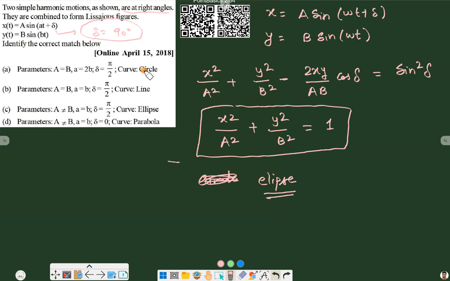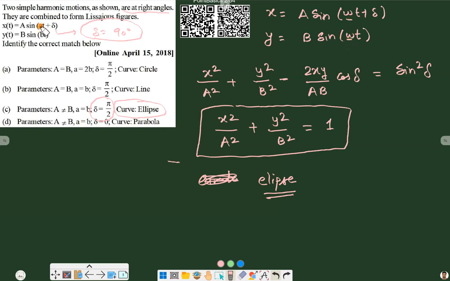Okay, so if we see the options, we have the curve is an ellipse, delta, as already mentioned, is pi by 2, and a is not equal to b. Also, for this equation to work fully, the omega should be the same for both of these.